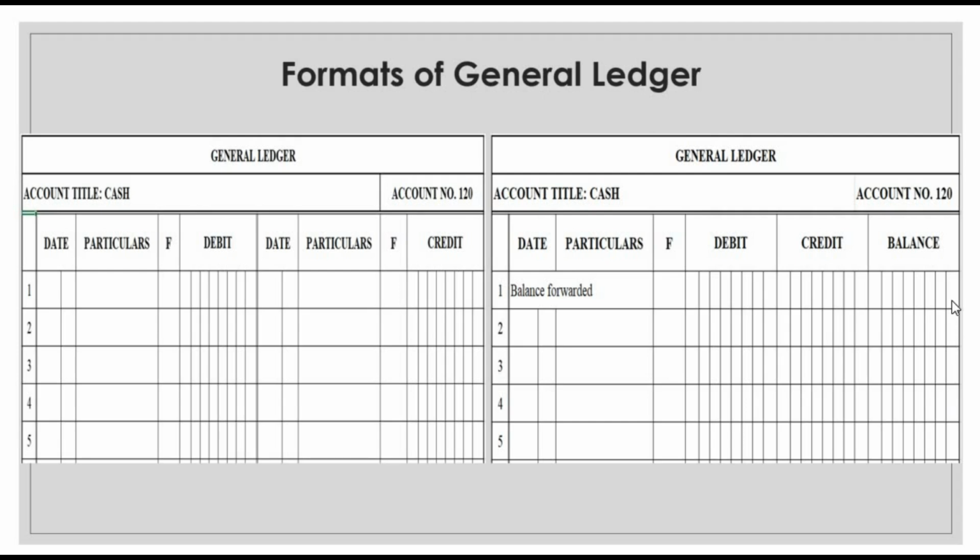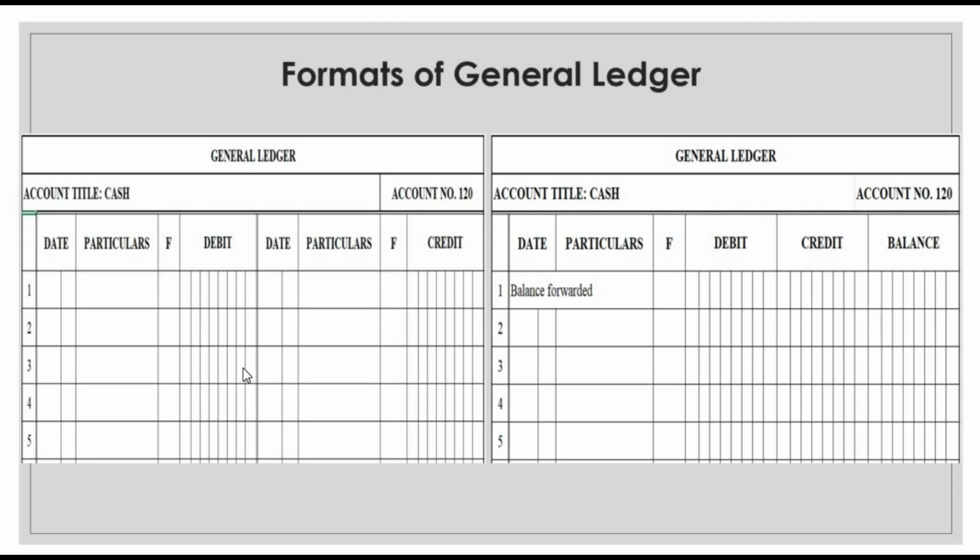So, you can see how much the balance is, the account balance for the specific account. Unlike the other format wherein you can only compute it. If you want to compute the account balance, you have to add all the debits first, then add all the credits, and then you offset them.